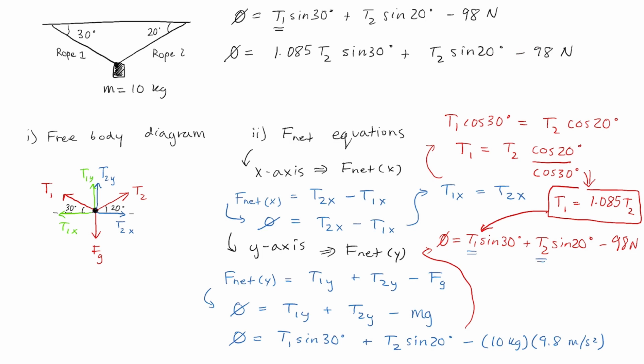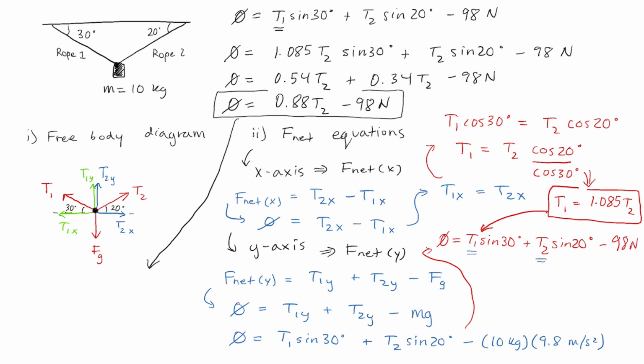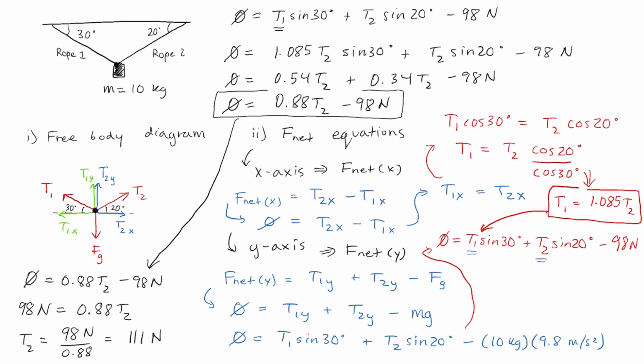All we have to do is replace T1 with 1.085 T2, and then do some math to simplify our equation, rearrange and isolate for T2, and we find that T2 is equal to about 111 newtons. So now we have the tension in rope 2, but how are we going to find the tension in rope 1?